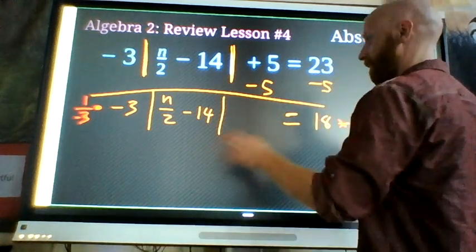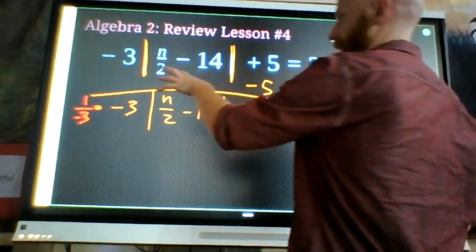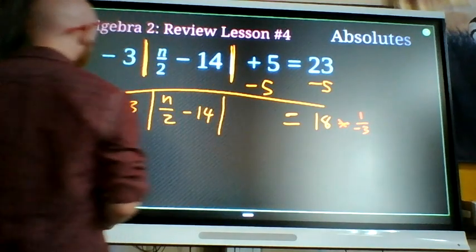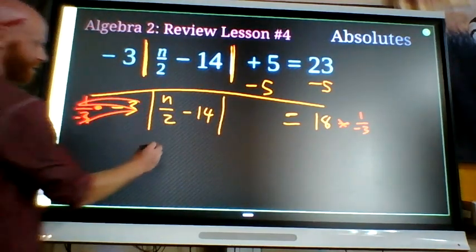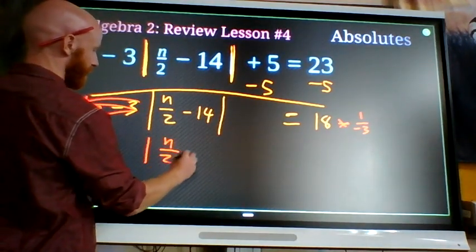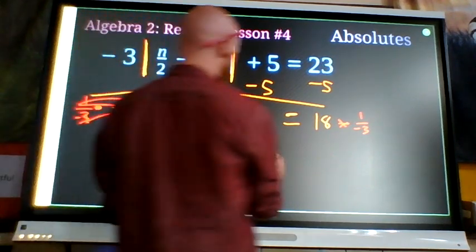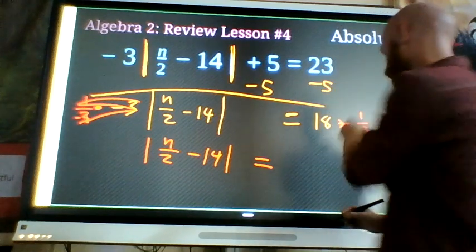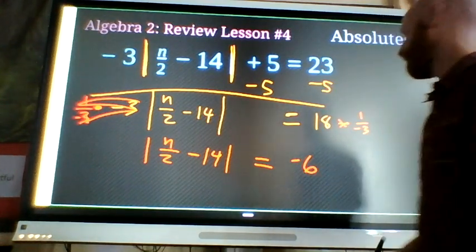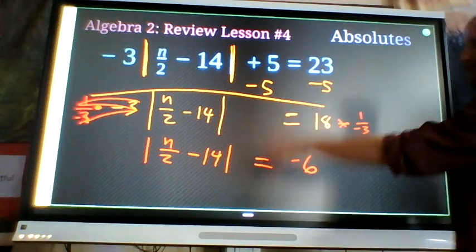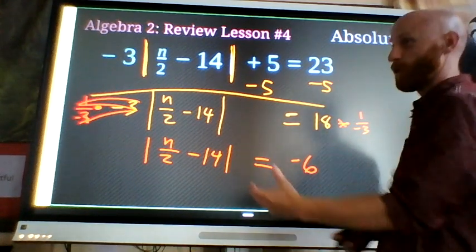The negative third of negative 3 cancels out. Absolute value of n over 2 minus 14 equals negative 6. Okay, now that the absolute value is isolated, now you do what you did before.